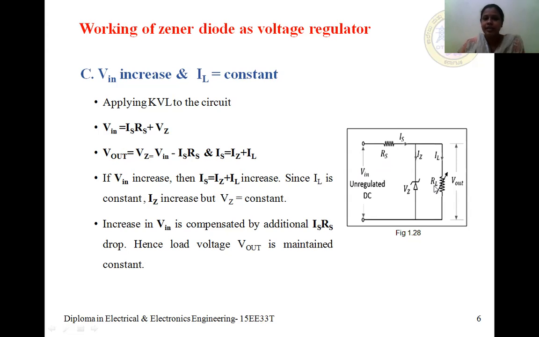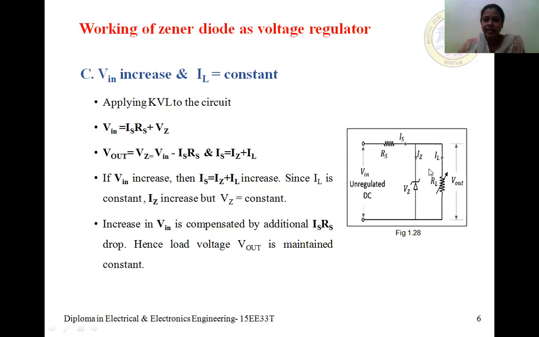At the output side, Vout will be equal to Vz, that is equal to Vin minus Is Rs. We know that Is is equal to Iz plus IL. If Vin is increasing, then our Is also increases.